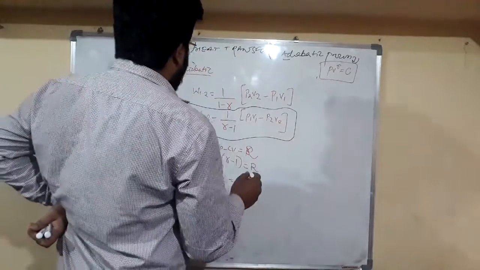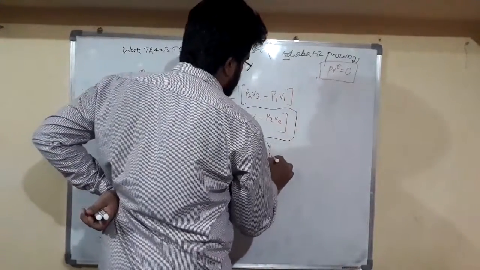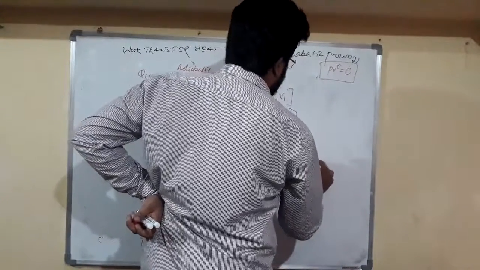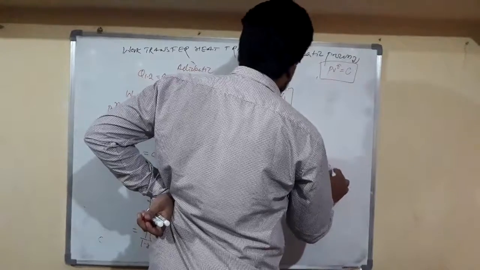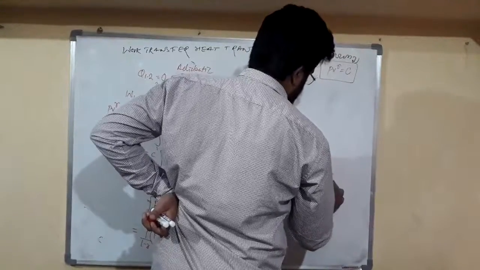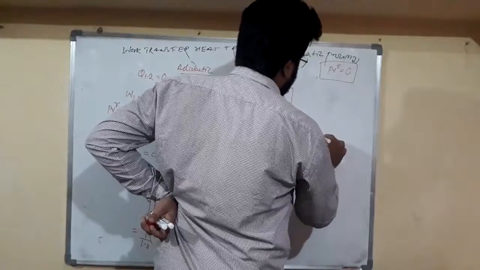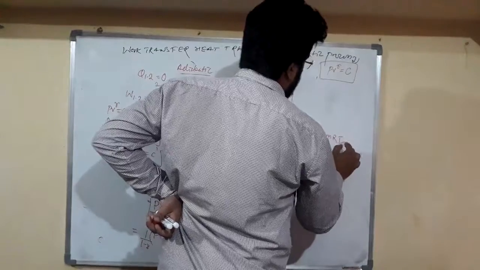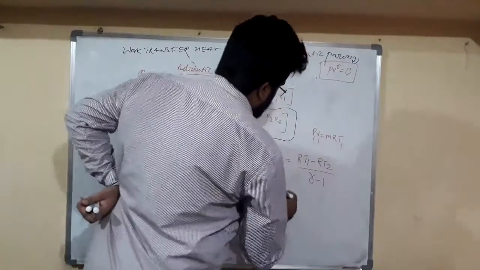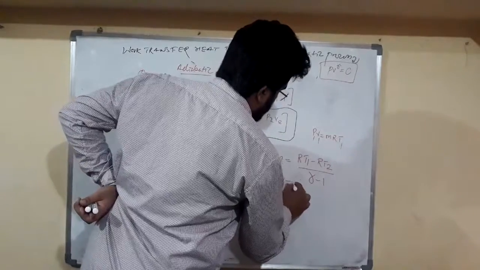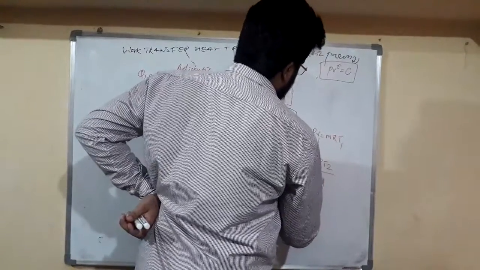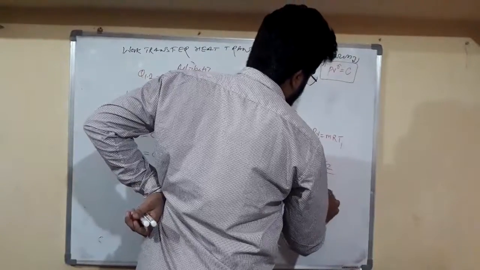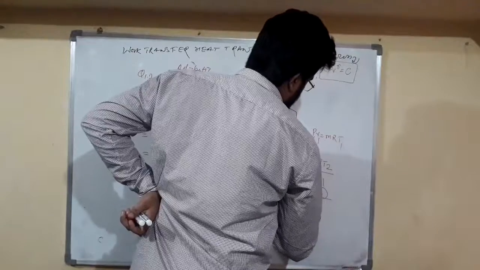And friends, we can write our work done from 1 to 2 as (R T1 minus R T2) upon gamma minus 1, by using PV is equal to mRT. P1 V1 is equal to m R T1, where R is constant. So work done from 1 to 2 is equal to R, which is constant, times (T1 minus T2) upon gamma minus 1.